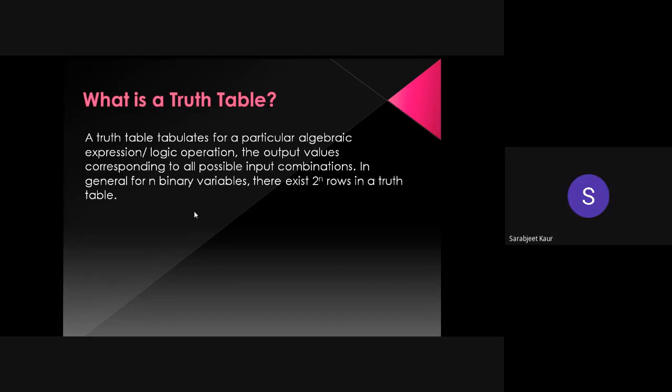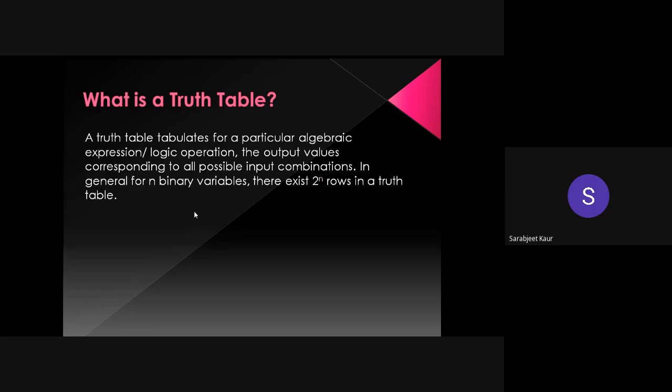Who is not clear? Ma'am, can you explain one more time? Yes, I can. So what is a truth table? A truth table is a simple table which shows us the values of inputs. In our case right now, when we are talking about a logic gate, it will show us the inputs which are going into a particular logic gate and the outputs that are coming from that logic gate.